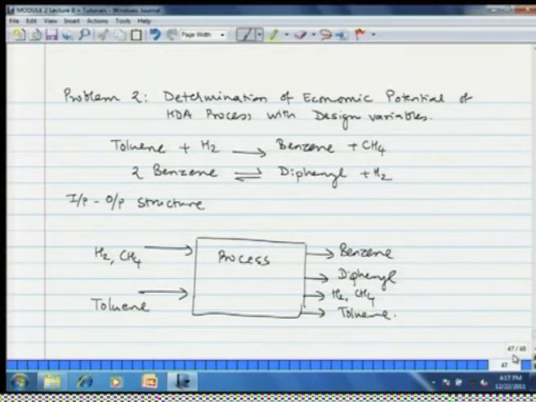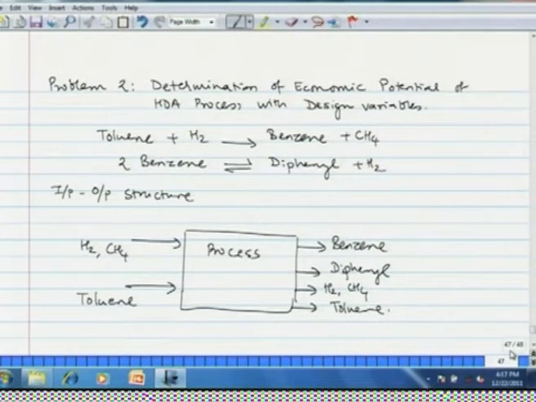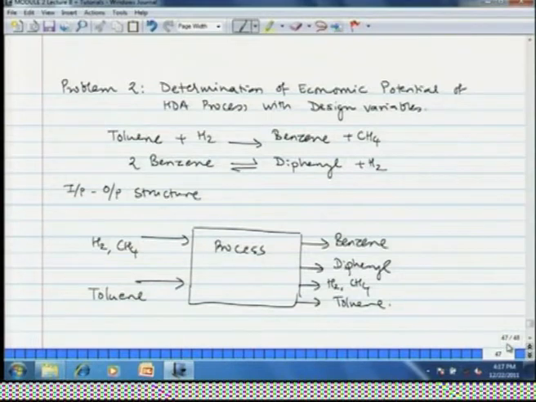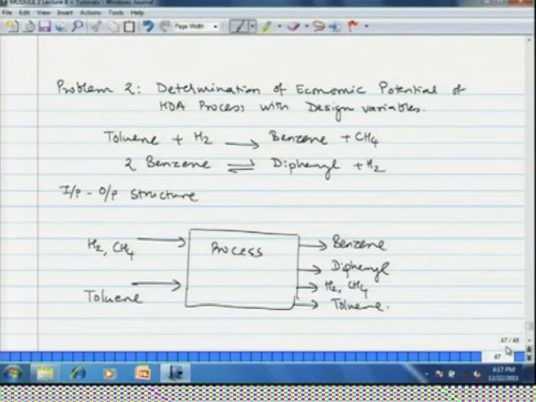Toluene can be assumed to be pure. So, the input output structure of the flow sheet is the process with hydrogen and methane impurity as the gas feed stream, toluene as liquid feed stream, and there are 5 streams coming out: benzene, diphenyl, hydrogen with methane that I have shown together, and toluene.